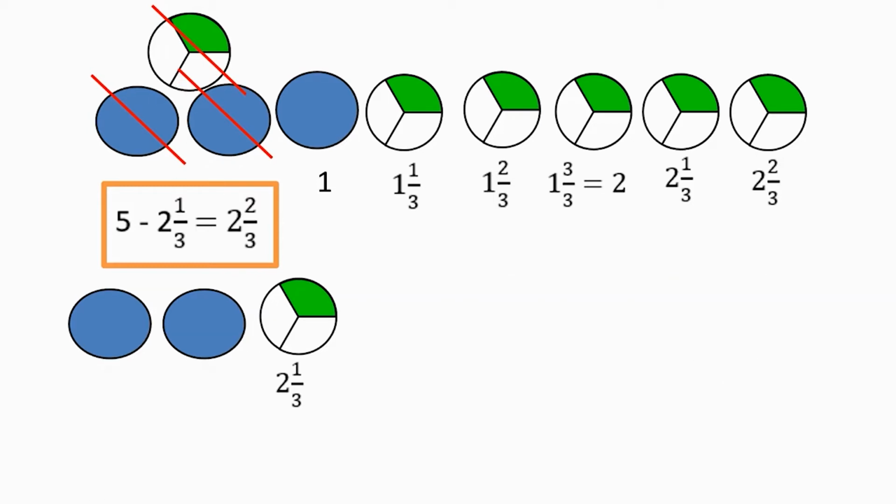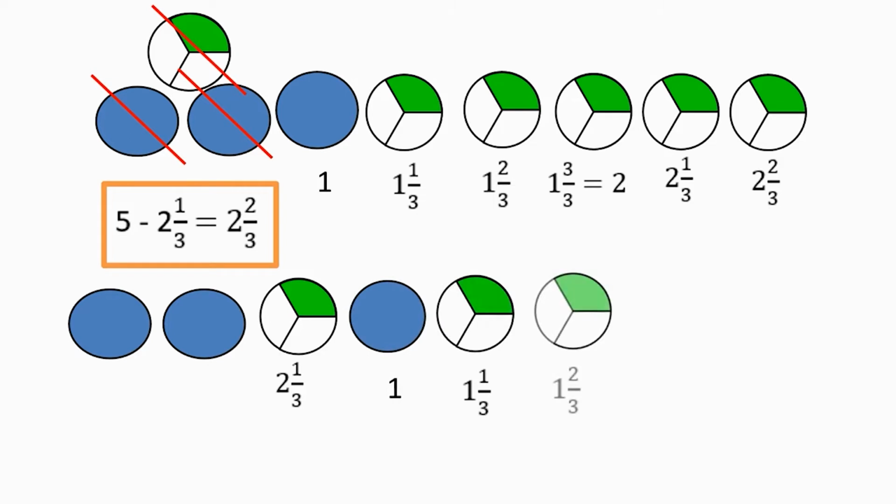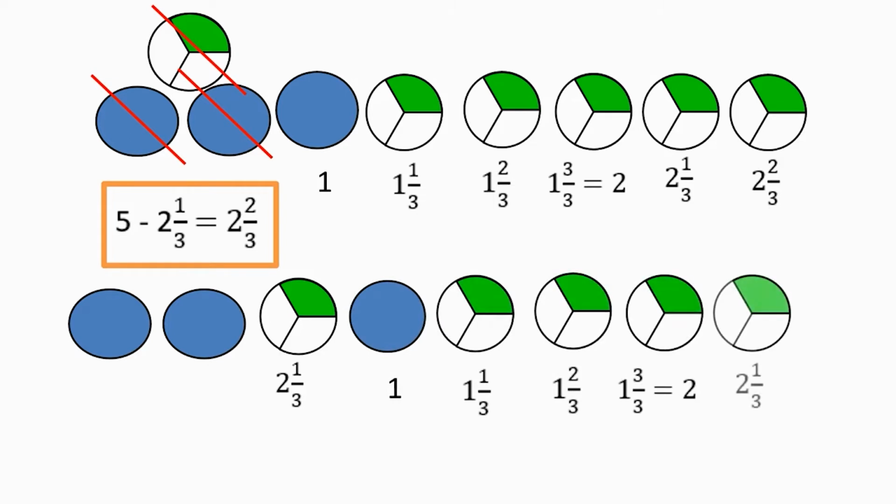So to figure out how many more we added, we can start counting the whole circles first and then add the fractional parts. 1, 1 and 1/3, 1 and 2/3, 1 and 3/3, which is the same as 2 wholes, 2 and 1/3, 2 and 2/3. So we added 2 and 2/3 more to get to 5.